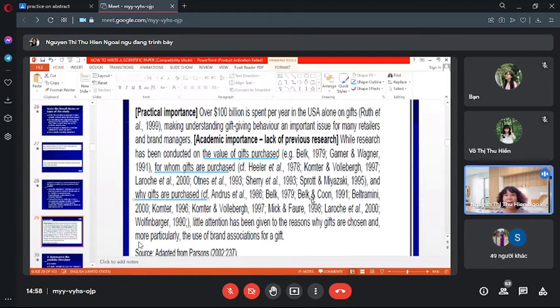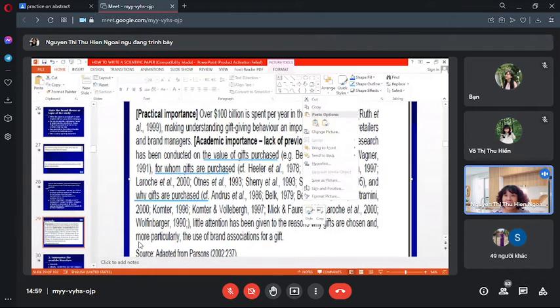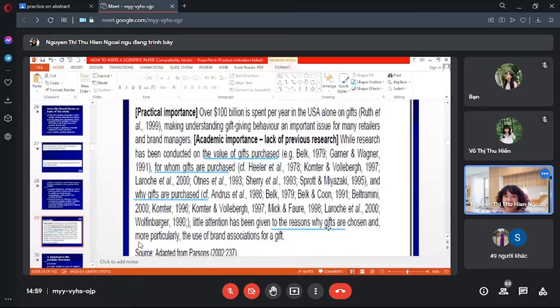And many other studies have already been done on why gifts are purchased. Like this one: little attention has been given to the reason why gifts are chosen. So he means that the reason why gifts are chosen is still a lack of previous research. And the other one is the use of brand association for a gift.